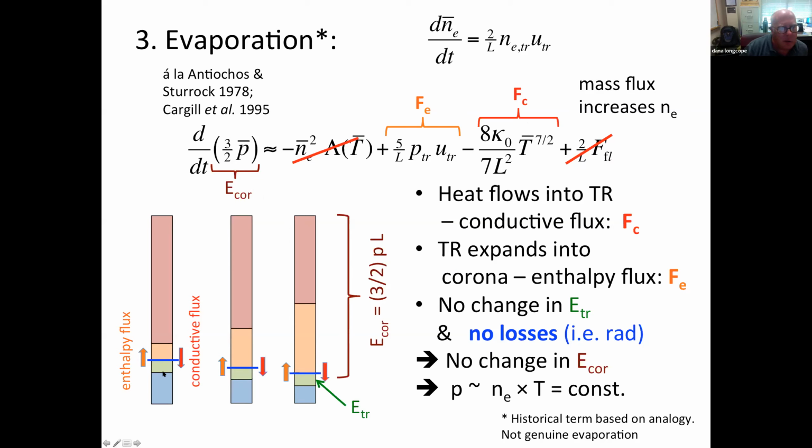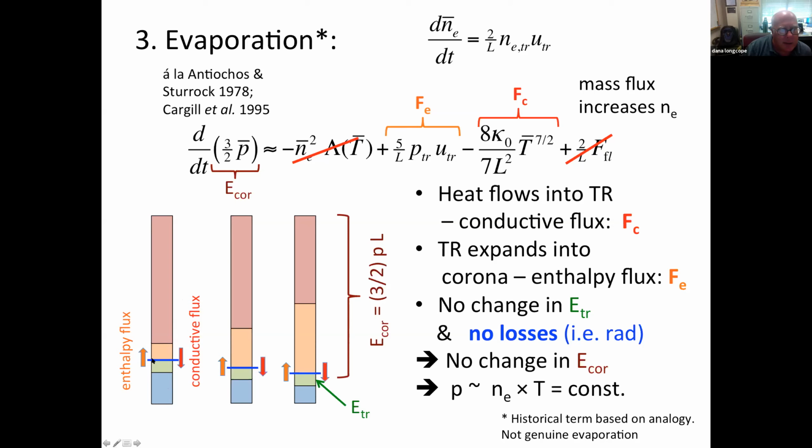And the cartoony picture here is the following. The red is the corona. The orange is some new bit of corona that's been heated up. And the green is that magical transition region, and blue is the cold stuff. So the thermal conduction is going to move energy from the corona into this green region, into the transition region. So it is a loss. But then there's enthalpy flux, and that is moving energy back in.